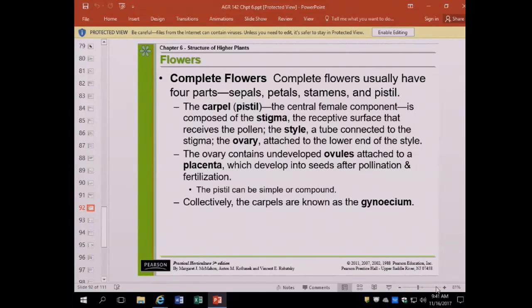If we're talking about an apple, for example, if there was a problem with the fertilization process, the style will carry your pollen tubes down to the carpel, and sometimes there's an interruption or a failure to grow or a failure to fertilize, and you may only have fertilization in 3 of the 5 carpels that exist on an apple.